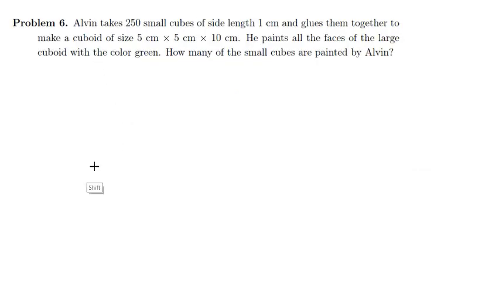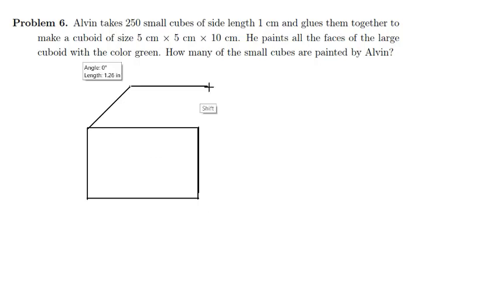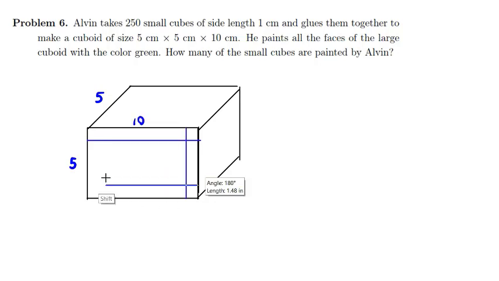Okay, so if we consider the cuboid, let me draw this part. For example, it is 5, it is 10, something like this. Suppose here is 5, here is 5, here is 10. So at first I want to calculate only the cubes that are in this part here.